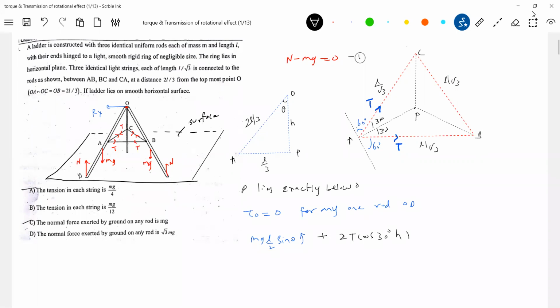This should also be anti-clockwise, no? And then torque due to normal contact: there should be N L sine theta clockwise. N is equal to mg, substitute that in equation 2, then solve for T. So we need h. We got a right angle triangle. From there, (2L by 3) squared equals (L by 3) squared plus h squared. Solve for h, substitute, and you'll get the required answer.